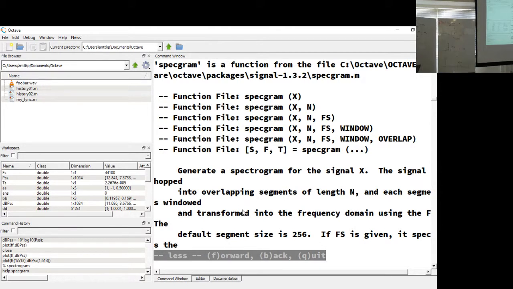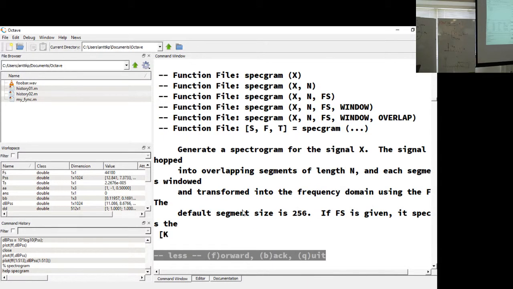But let's see first. Spectrogram, my signal.